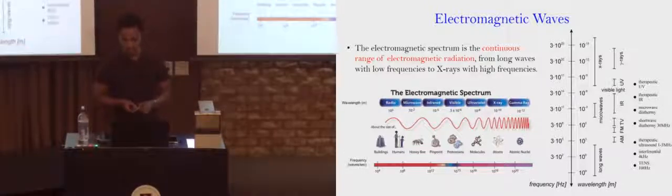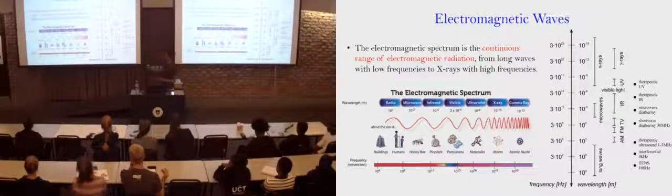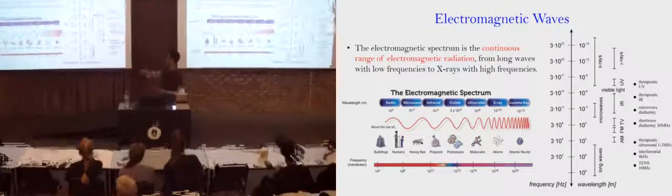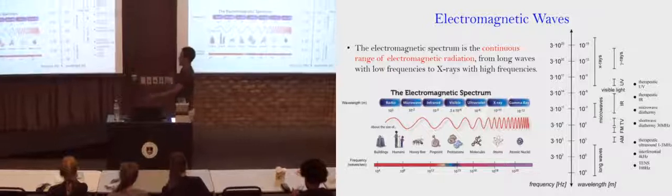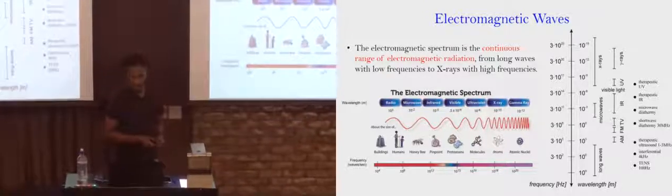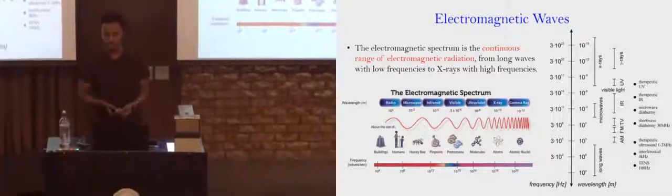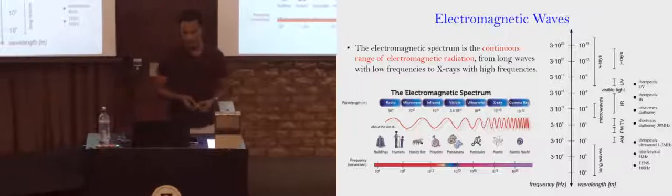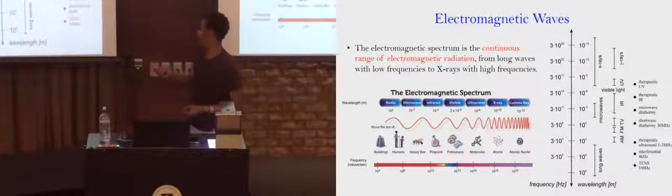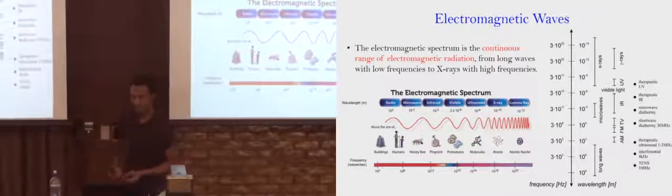There is also transcutaneous electrical nerve stimulation, or TENS. It can be used for therapeutic purposes to stimulate the surface skin or nerves found on the surface of the skin. So there are different kinds of applications that use electromagnetic waves for therapeutic purposes.